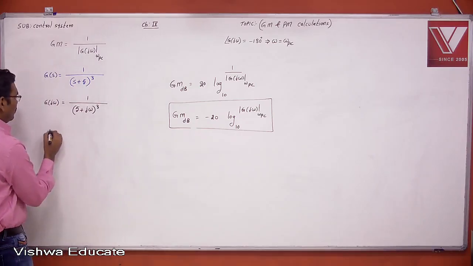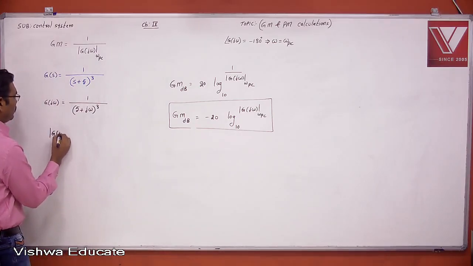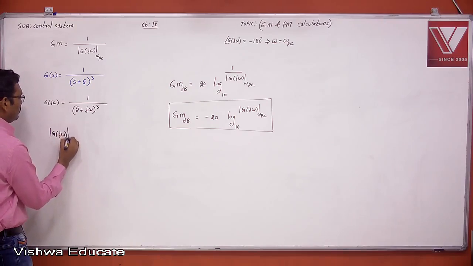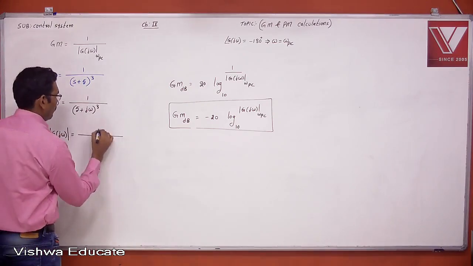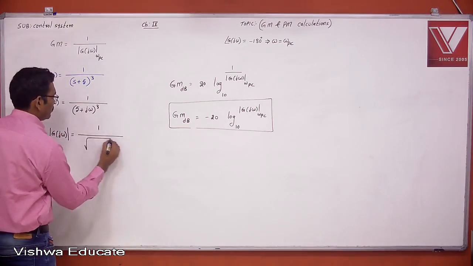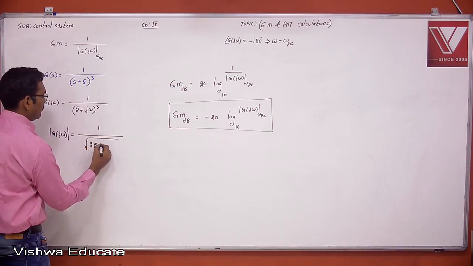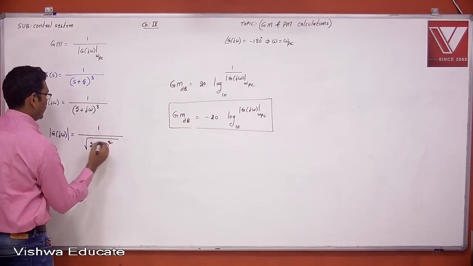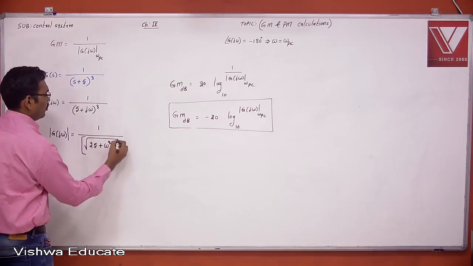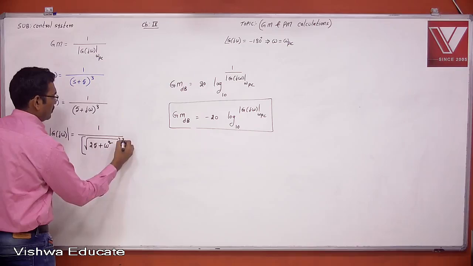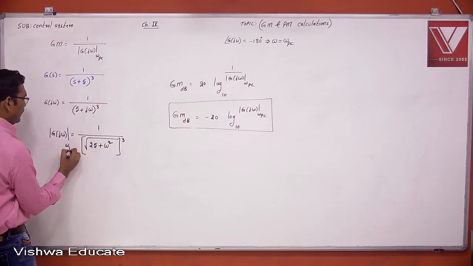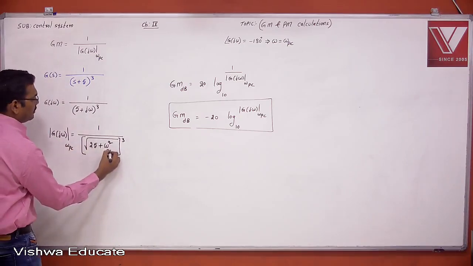Therefore, the magnitude is 1 divided by the square root of a square plus b square, that is, (25 plus omega square) whole cube. I want this magnitude at the phase crossover frequency.